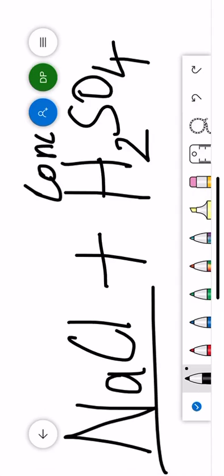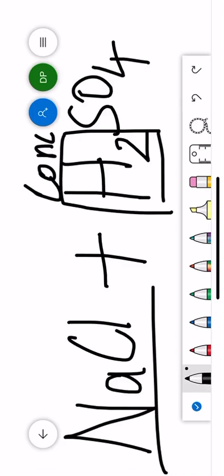The formula of concentrated sulfuric acid is H2SO4. What does it mean? It means it has hydrogen and it has sulfate. The name is sulfuric acid, but what is sulfuric acid made of?